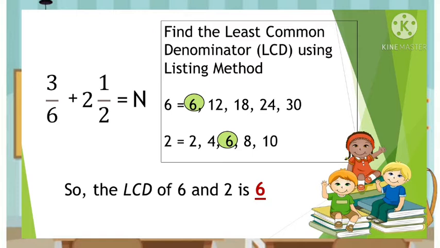To find the least common denominator using the listing method, the multiples of 6 are 6, 12, 18, 24, 30. And the multiples of 2 are 2, 4, 6, 8, 10. So therefore, the LCD of 6 and 2 is 6.